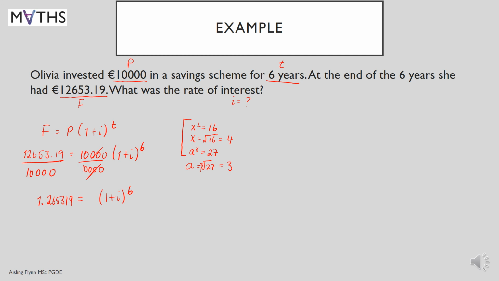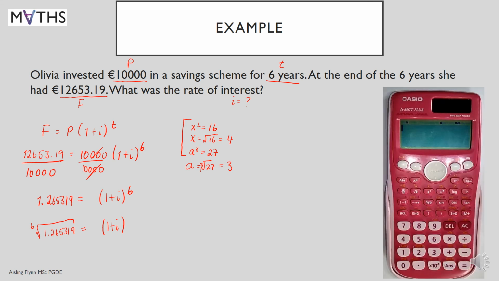Okay, so same in this example, we're trying to get at the bracket, so we just want the bracket itself, and to do that we're going to get the 6th root of both sides, which gives me the 6th root of this number here. Alright, now let's see how we do that on the calculator.